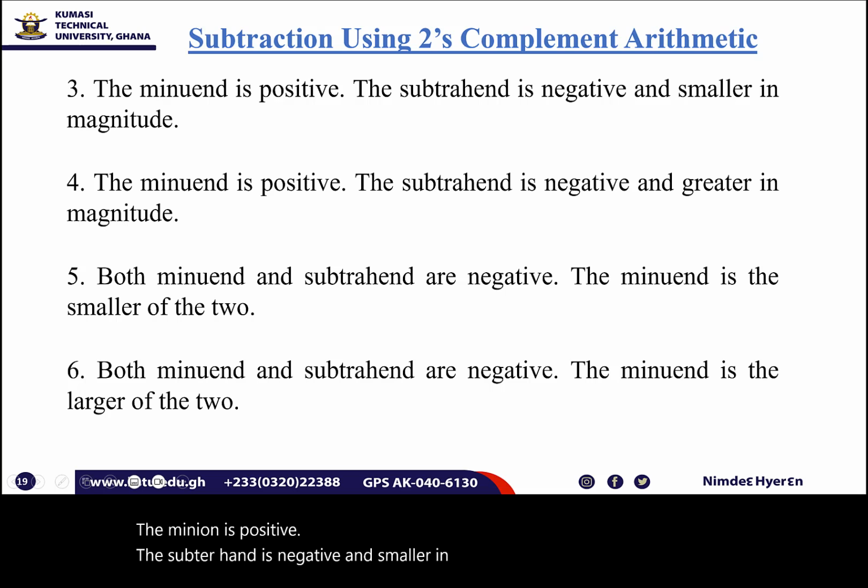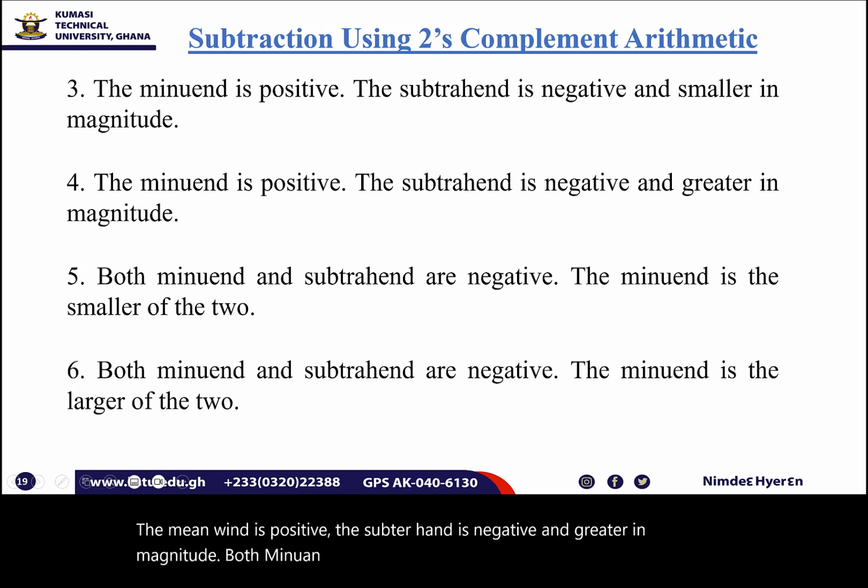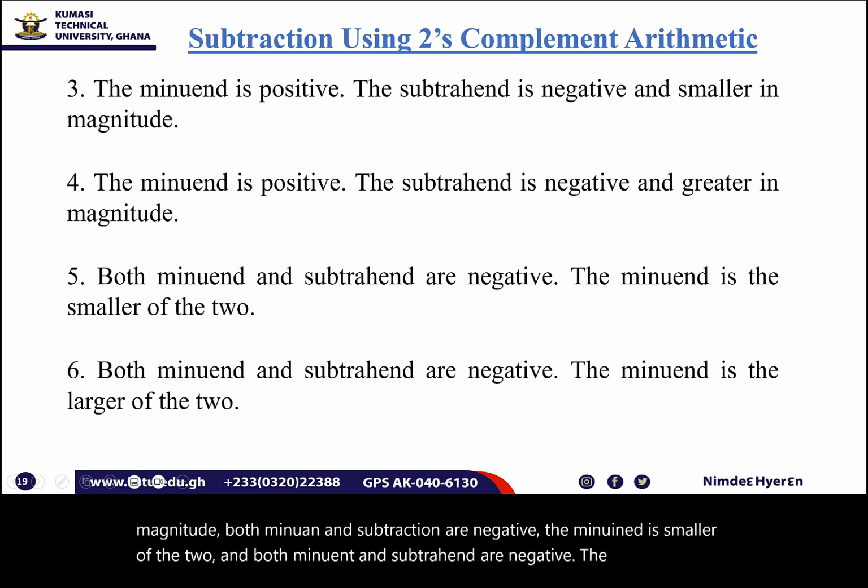The minuend is positive. The subtrahend is negative and greater in magnitude. Both minuend and subtrahend are negative. The minuend is smaller of the two. And both minuend and subtrahend are negative. The minuend is larger of the two.